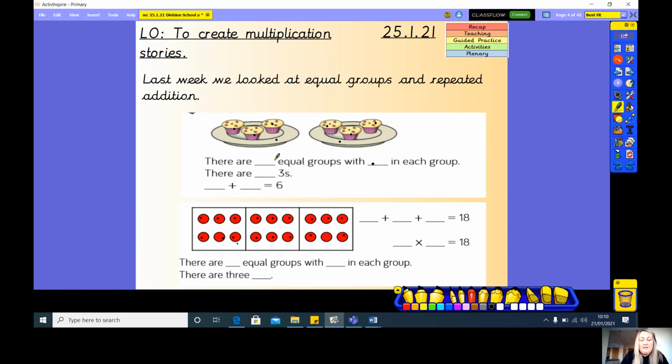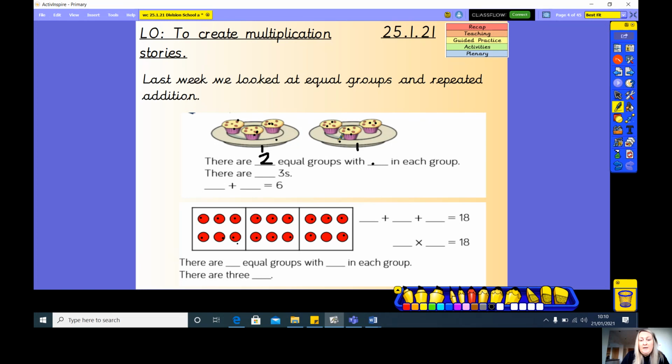So if we have a look at these two here, we've got 2 plates. We have got 1, 2, 3 muffins on that plate, and 1, 2, 3 muffins on this plate. So how many groups have we got? Well done. We've got 1 group here and we've got another group here. So we've got 2 equal groups, and we know they're equal because there's the same amount on each.